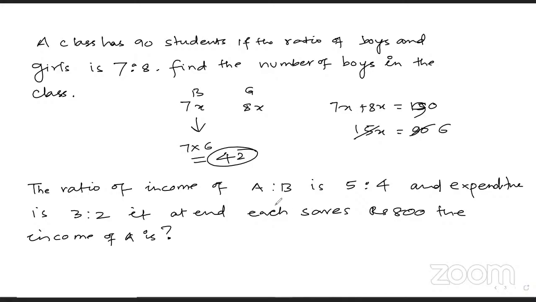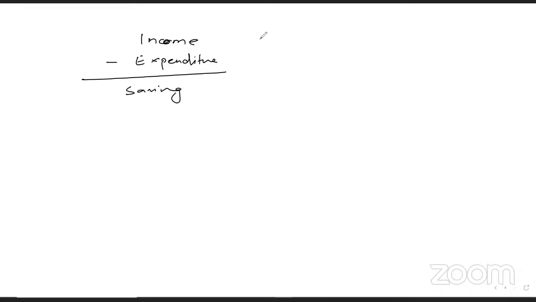Okay. Now, ratio of income of A is to B is 5 is to 4, and expenditure is 3 is to 2. Understand this. Income minus expenditure is your saving. So income is in the ratio 5 is to 4. Expenditure is in the ratio 3 is to 2.